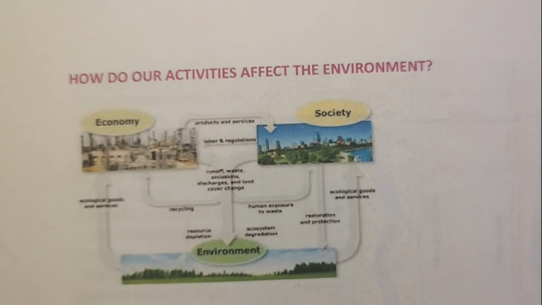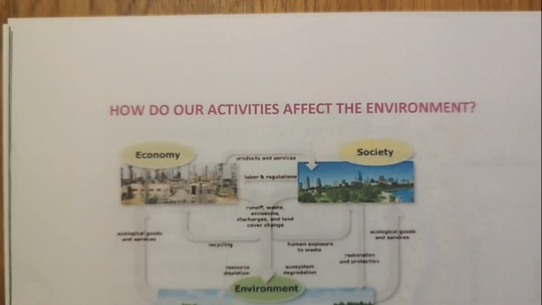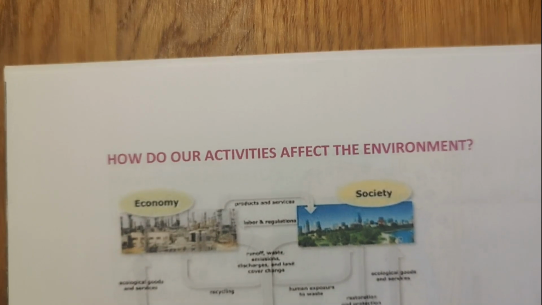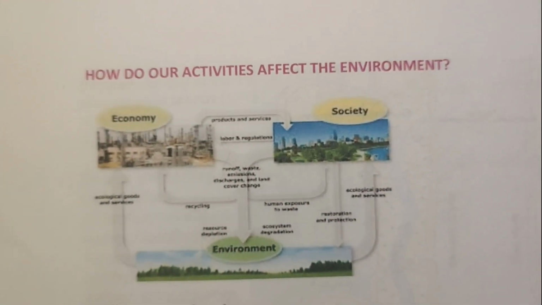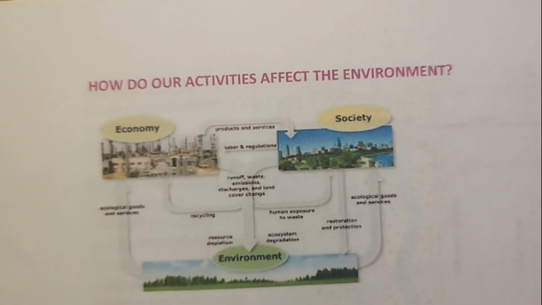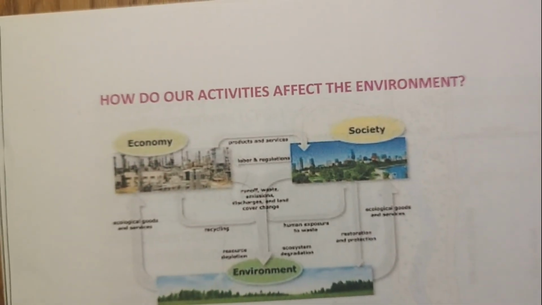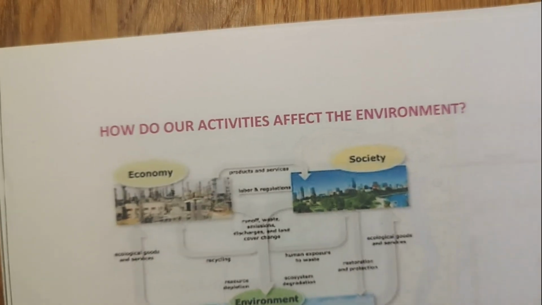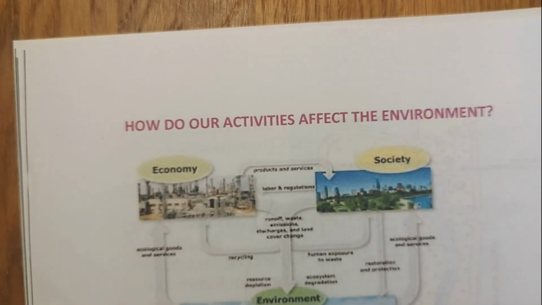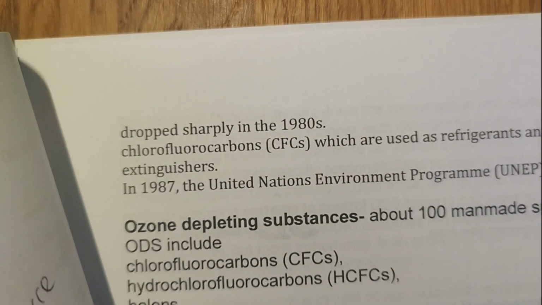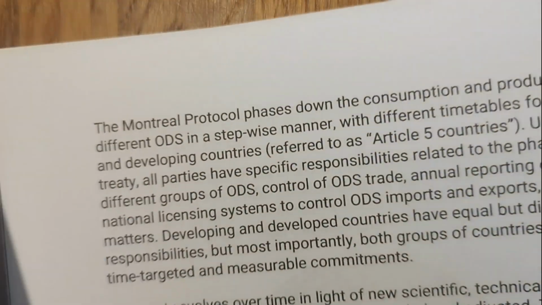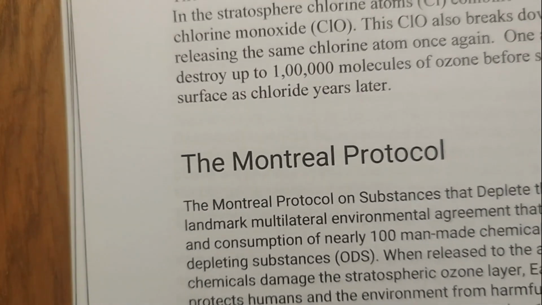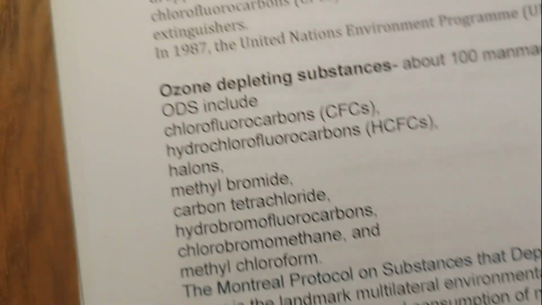So guys, the next topic will be covered in part 3, that is the last part of this chapter. The first part is available on the channel. This is the second one, and I will cover the environmental effects of our activities, including ozone and its effects, the various regulations available for control of the environment and protection of the ozone layer and global warming, that is the Montreal Protocol.